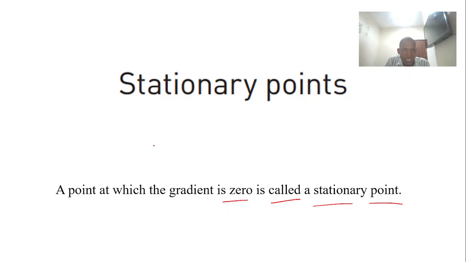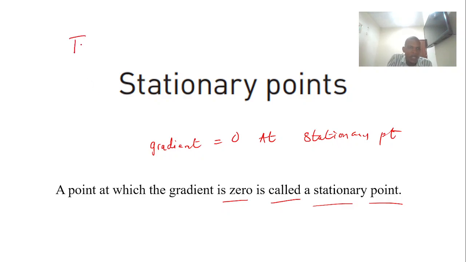Very important. So the gradient must be equal to 0, okay? Must be equal to 0 at a stationary point. Very, very important. Now, what does this mean? The other name for stationary point is turning point, okay?